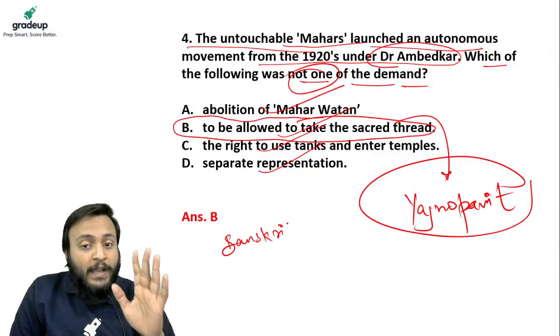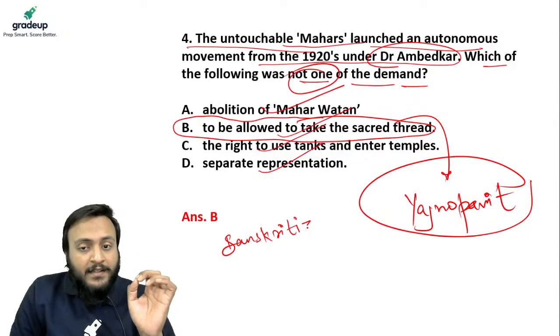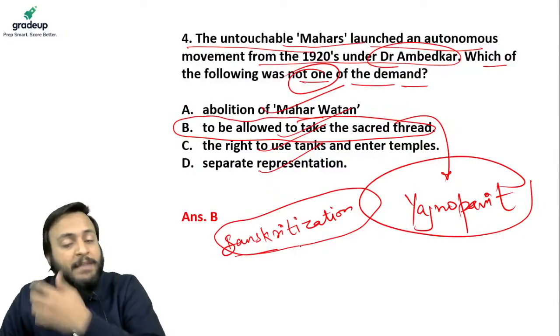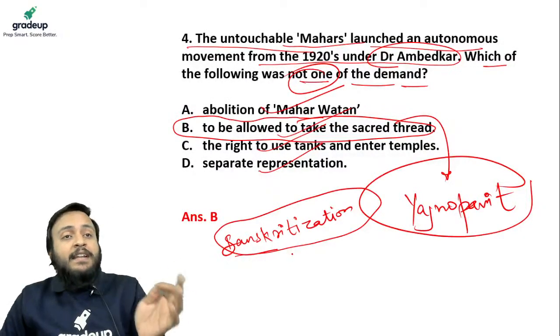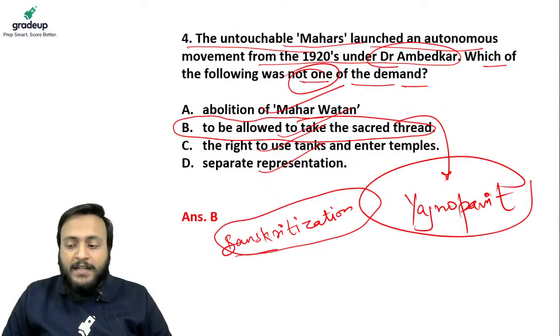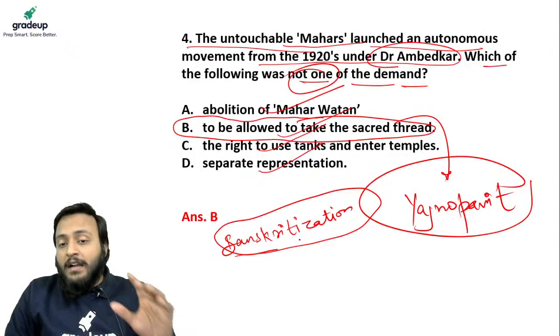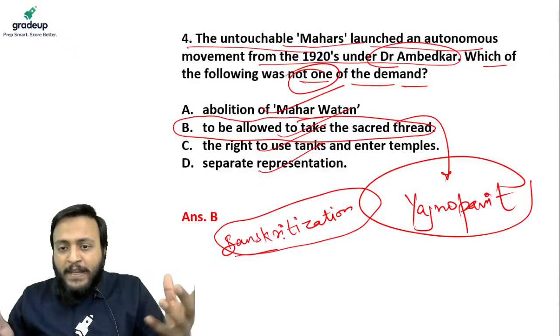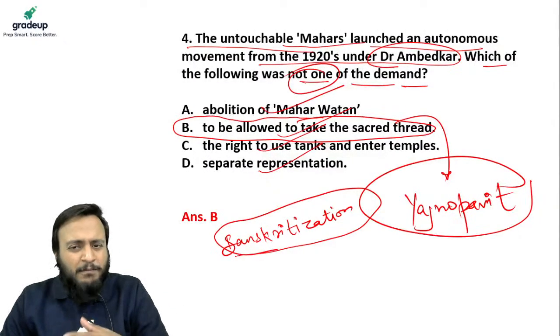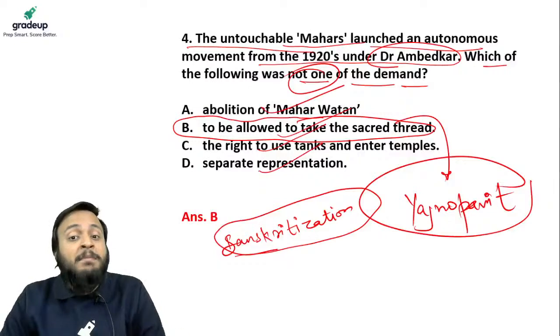So those who have studied about Dr. B.R. Ambedkar must be aware that the Sanskritization movement was also launched by him, in which he insisted to the Mahars, particularly, that they should try to emulate the same method of marriage, same type of customs, rituals as the Brahmins are doing.